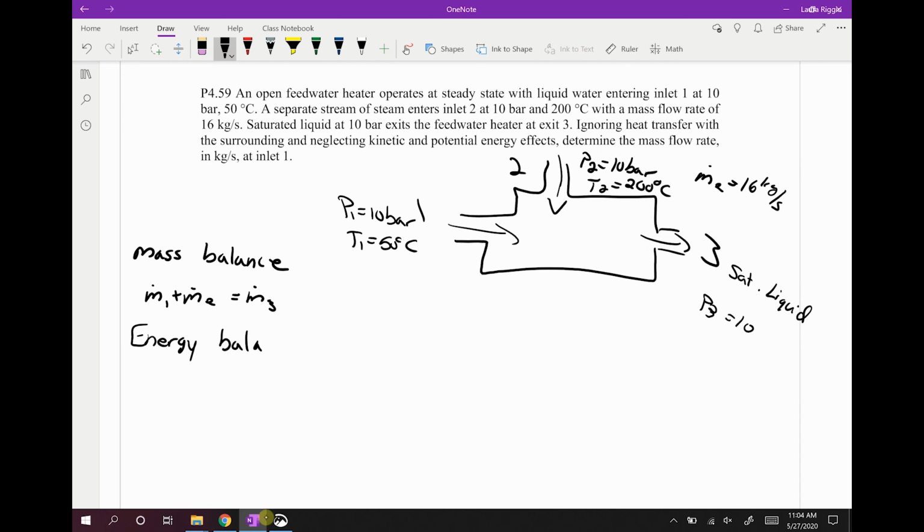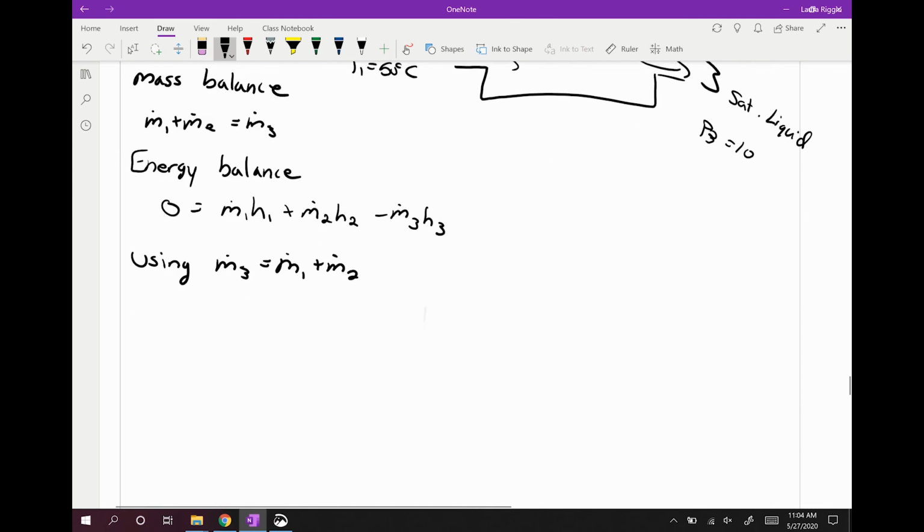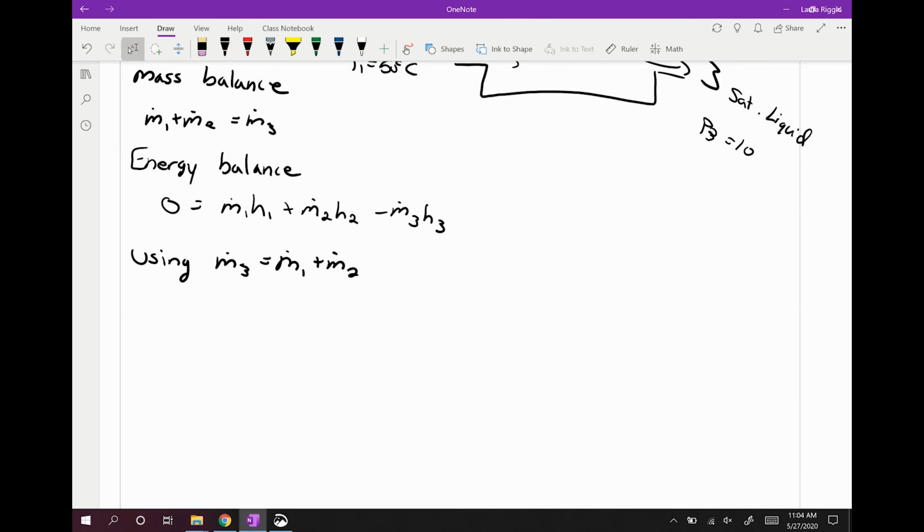I'll do my energy balance. There's no changes in kinetic or potential energy, there's no work, and there's no heat transfer. So I have mass flow rate 1 times enthalpy 1 plus mass flow rate 2 times enthalpy 2 minus mass flow rate 3 times enthalpy 3 is equal to 0. We're going to use the fact that mass flow rate 3 is equal to mass flow rate 1 plus mass flow rate 2 to eliminate it from our equation.